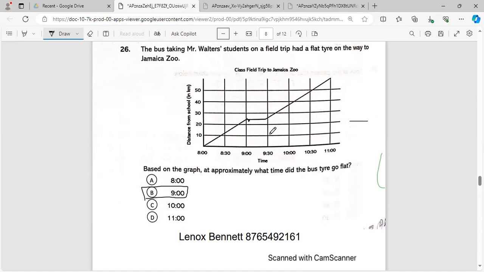For 8 to 8:30, they didn't actually take 30 minutes, they took a bit less. It's approximately 9 o'clock it went. It stops at 9 o'clock, and then it goes to 9:30, so sometime between that, like 9:28 or something.